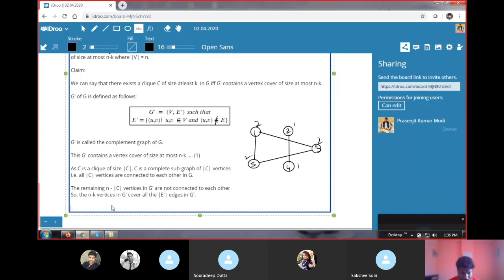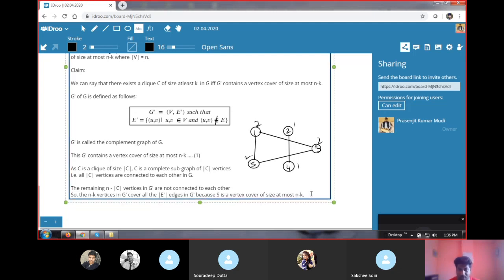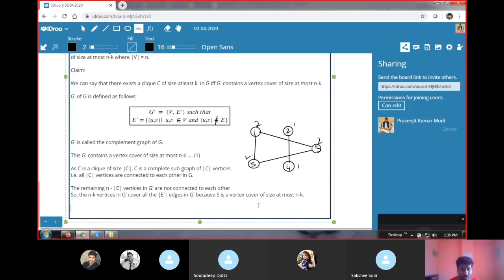So S is the vertex cover of n minus k size, because S is a vertex cover of size at most n minus k.